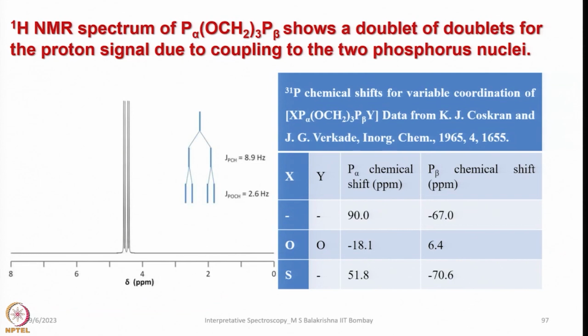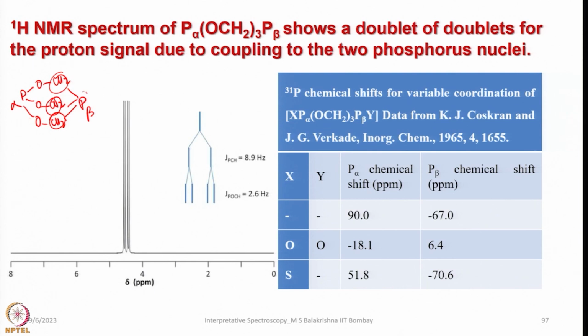If 1H NMR, if you look into it, let me write the structure again. So now this is alpha and this is beta we are calling, and then now if you look into 1H NMR, all are identical and they couple differently to 2 phosphorus atoms, alpha phosphorus and beta phosphorus.